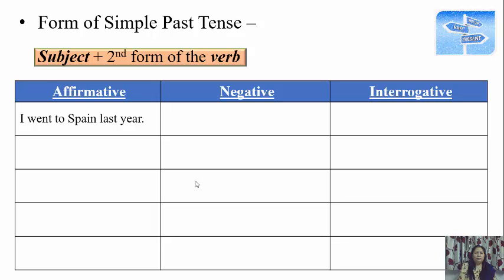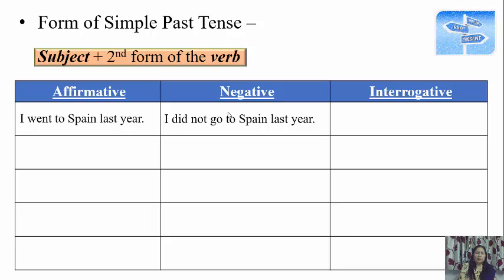Okay, now if I have to make it a negative or interrogative, I have to make use of did. And this second form will change into first form. So in negative, I did not go to Spain last year. So change will be did not, and went will change into go. I did not go to Spain last year.